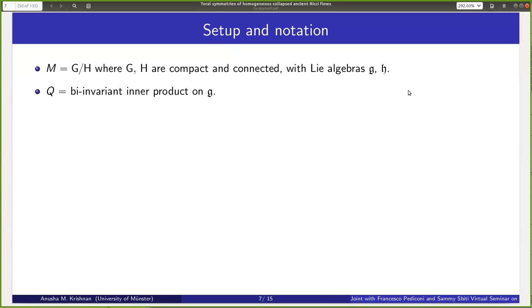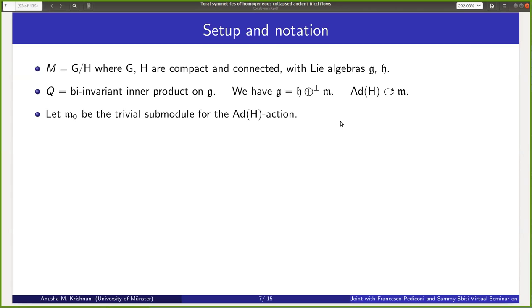We fix some bi-invariant inner product Q on the Lie algebra G, and we denote by M the Q-orthogonal complement of H inside G. So M now, notice, is identified with the tangent space to the manifold. The isotropy group or the stabilizer group H acts on M by the adjoint action.